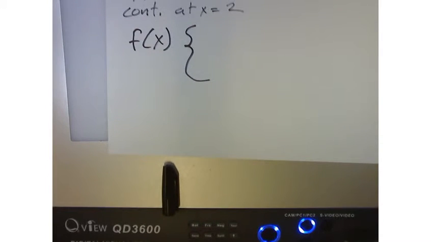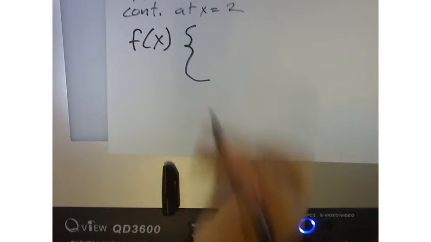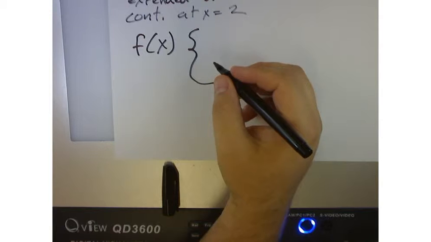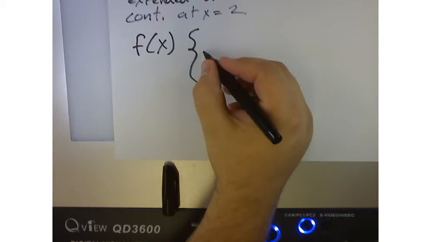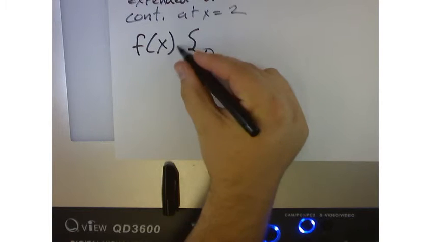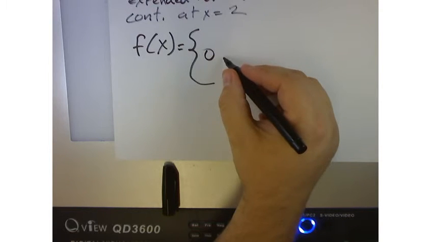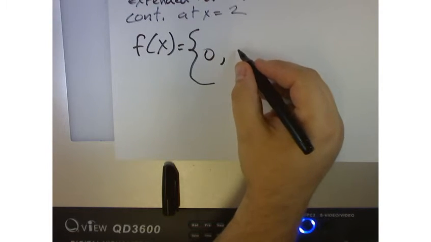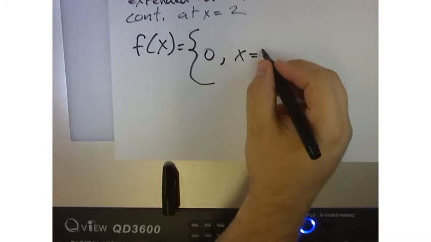So remember that f of x has this piecewise function business going on, so we've got all these different definitions of the function. Well, if I wanted to, I could say somewhere along here, x equals 0, comma, when x equals 2.